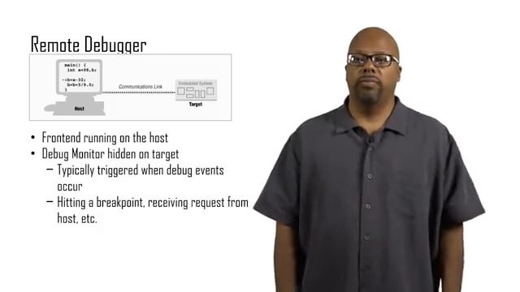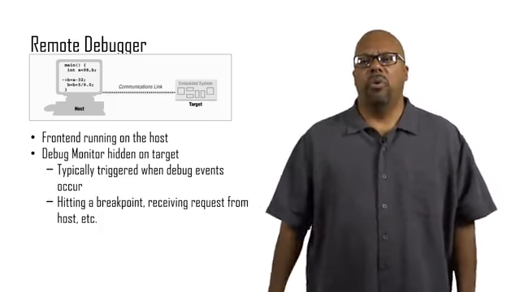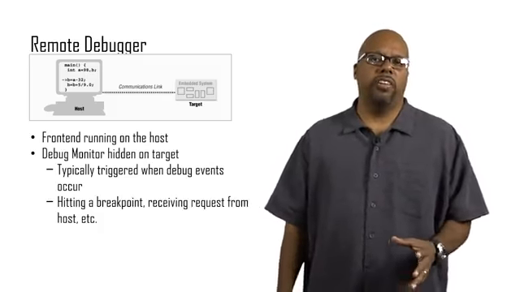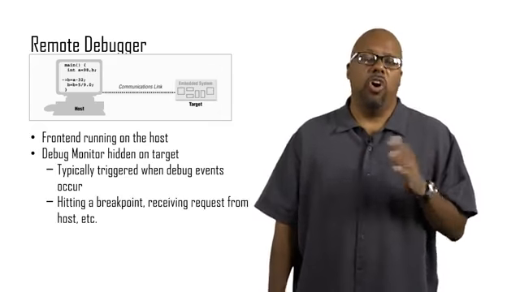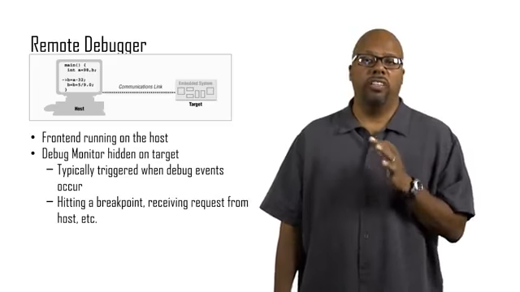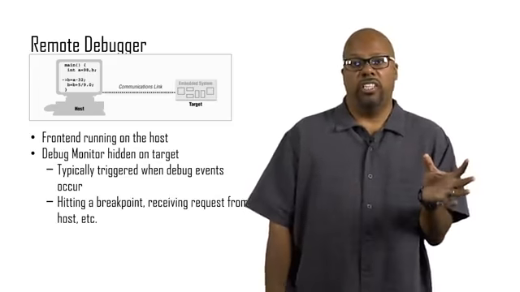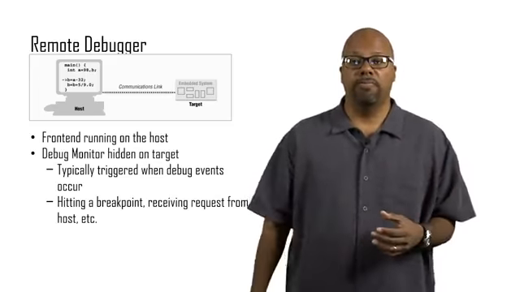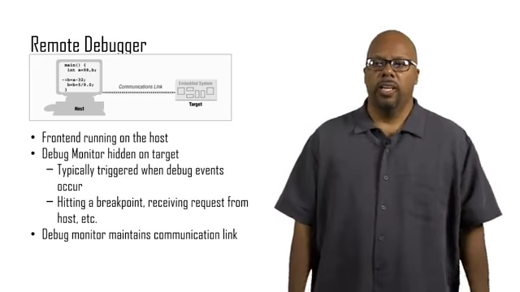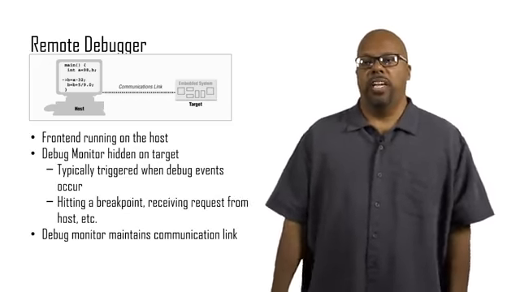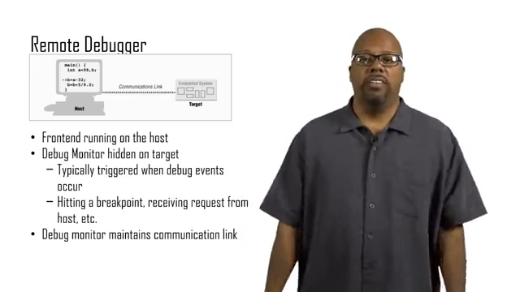There's a debug monitor running in the background. Hitting a breakpoint, receiving a request from the host, these are the types of things that are debug events that typically cause the execution of the target to stop and allow interaction with the host. And the monitor and the host together maintain a communication link.